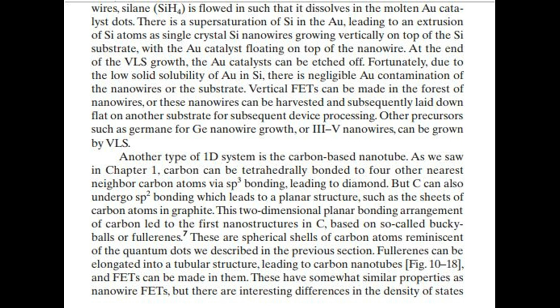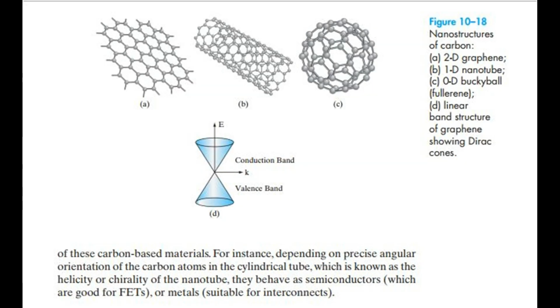Fullerenes can be elongated into a tubular structure, leading to carbon nanotubes (Fig 10.18), and FETs can be made in them. These have somewhat similar properties as nanowire field effect transistors, but there are interesting differences in the density of states of these carbon-based materials. Figure 10.18: nanostructures of carbon.